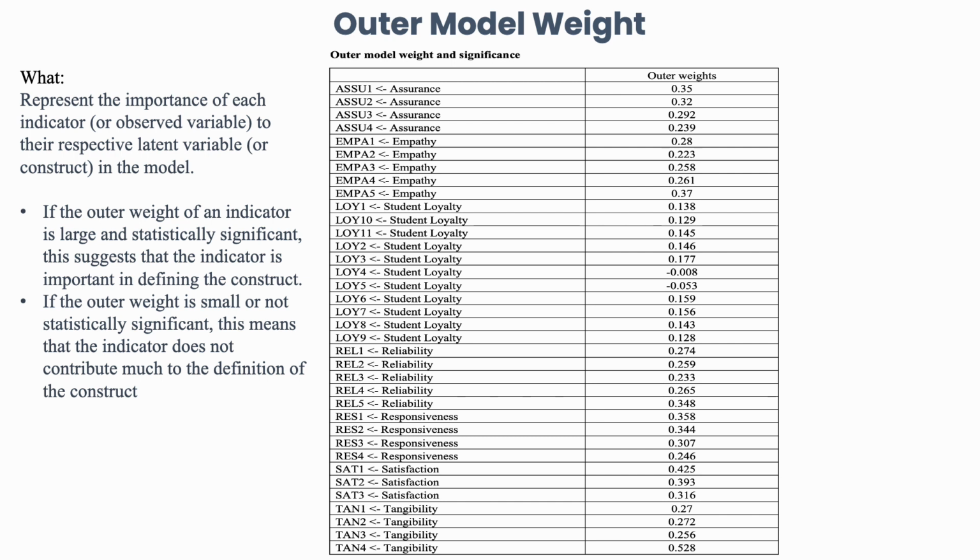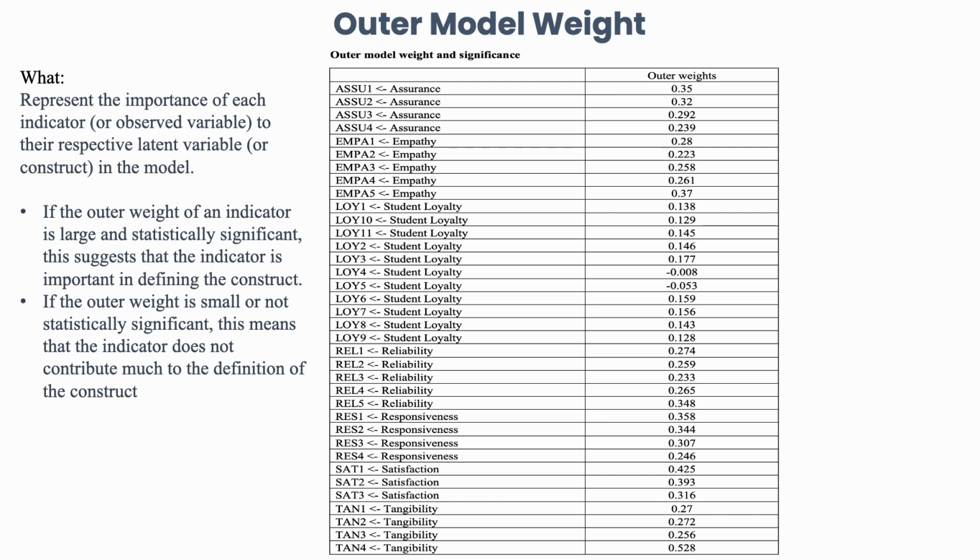Empathy also shows a moderate to strong relationship with its indicators MPA 1, MPA 2, MPA 3, MPA 4 and MPA 5, with outer weights ranging from 0.223 to 0.37. Now these results indicate that the chosen indicators are suitable for measuring empathy. Now let's look at another example.